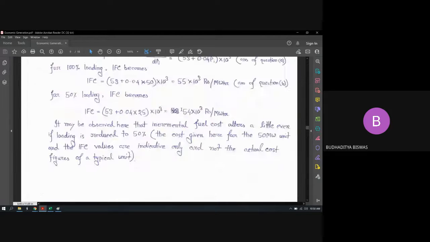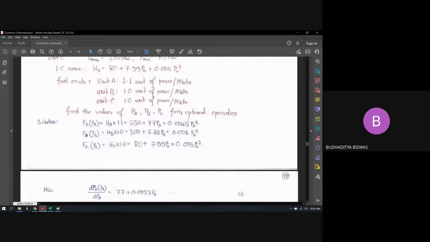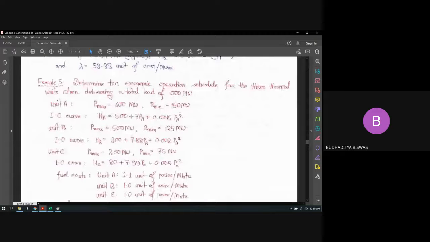Okay. Now, as I told you, I have the coding for this particular problem, considering the generator limit as well as not considering the generator limit.